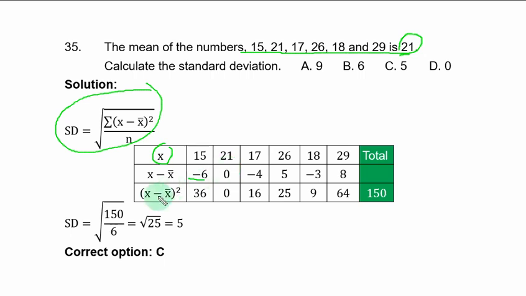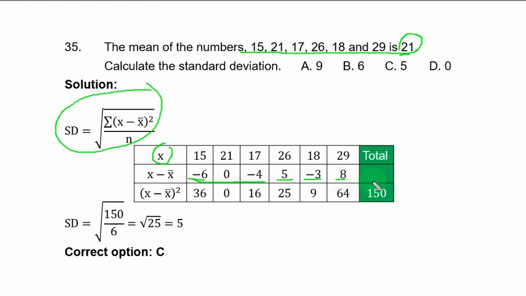Then S minus S bar all squared means you square everything here. Minus 6 squared is 36. 0 squared is 0. Minus 4 squared is 16. 5 squared is 25. Minus 3 squared is 9. 8 squared is 64.